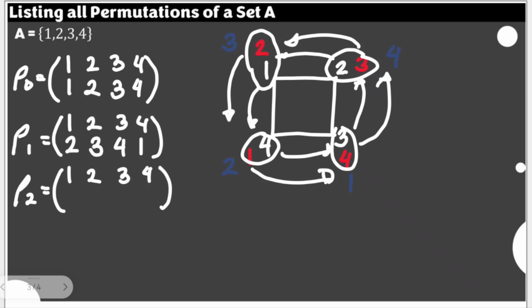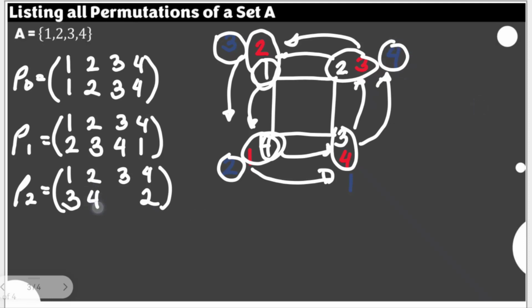Now, looking at the original vertex, you have 1 and 3. This would mean 1 is now mapped to 3. Your 4 is now mapped to 2. Or let's do it starting here. Your 2 is now mapped to 4, and your 3 is now mapped to 1. This is your third permutation.